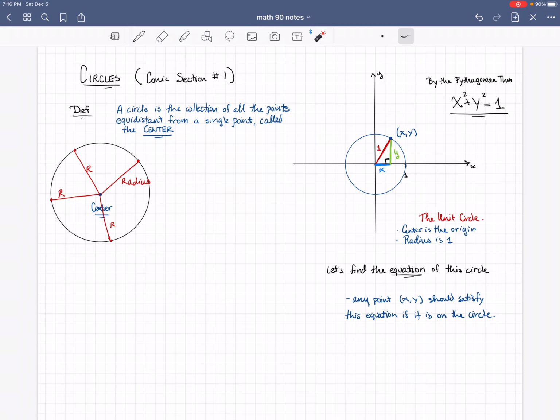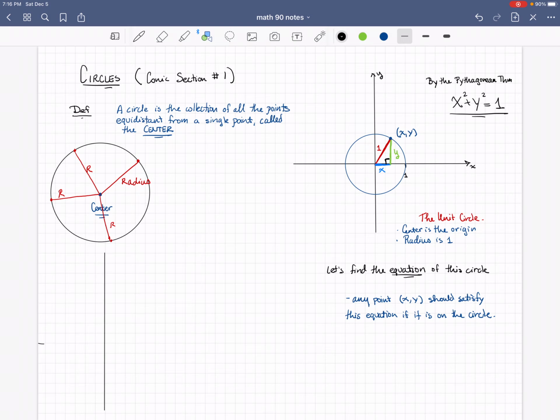Now, you might be asking yourselves, okay, well, that's nice and all, but obviously not every circle is going to be centered at the origin, and not every circle's radius is going to be 1. So let's look at another example, and then after this example, we'll generalize.